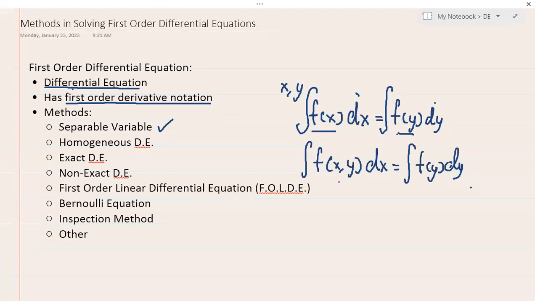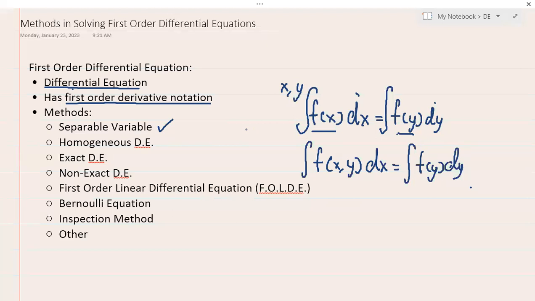Yun lang yun. Alright? So itong sa second example, on the left side, meron tayong f of y and x, or f of x and y. So meaning, dalawang variable ang ginamit dun sa left side. Okay? So, meaning, hindi 'to separable variable. Kaya nga nakalagay separable variable, ibig sabihin nun, dapat magkahiwalay yung dalawang variables.